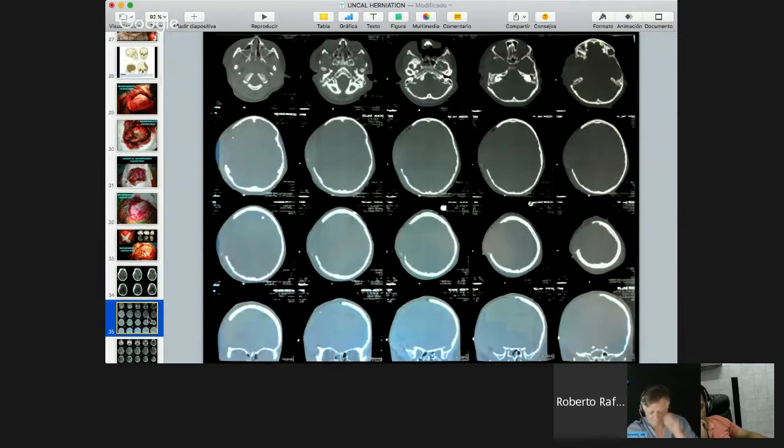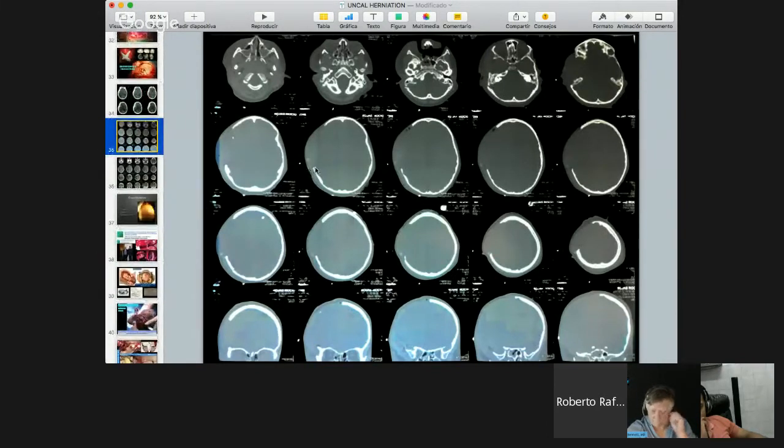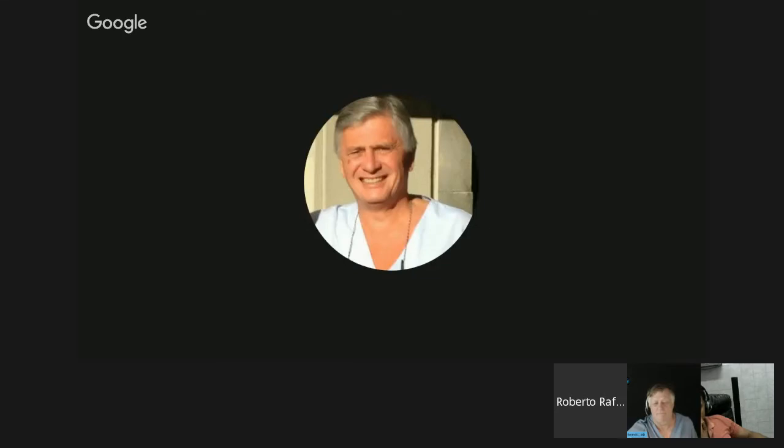This is the aspect after craniectomy. Here, this is the big craniectomy to the bottom of the temporal bone. Some hemorrhage here. This is the swelling of the brain through the craniectomy.